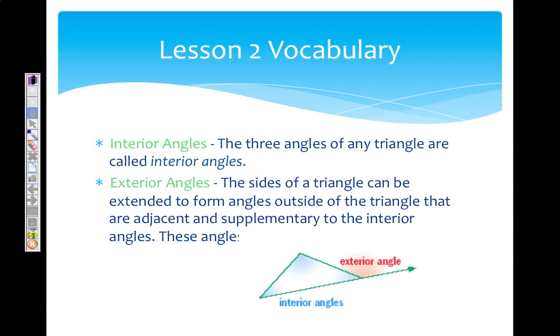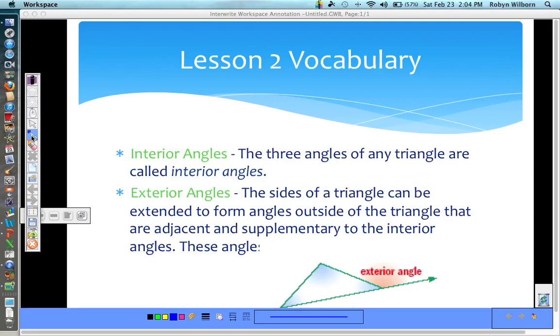Okay, a couple more vocabulary terms for you. We have interior angles and exterior angles. So let's talk a brief moment about interior angles. I'm going to grab my Inner-Right pad, so let me get this going for you. Interior angles are the 3 angles of any triangle inside.